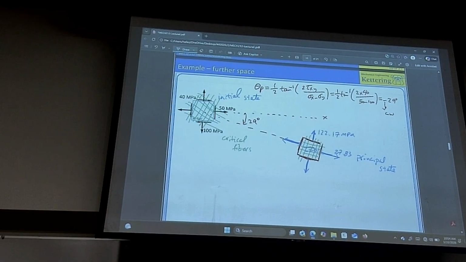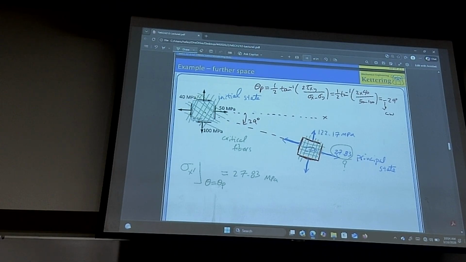So now we want to do the book's approach, and I want everybody to do that and get the point. This time, bring your work to me and let me confirm. So basically the book is saying this. In the sigma x prime equation, put theta to be theta p, and you should get 27.83 megapascal.